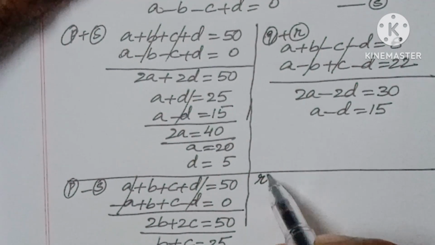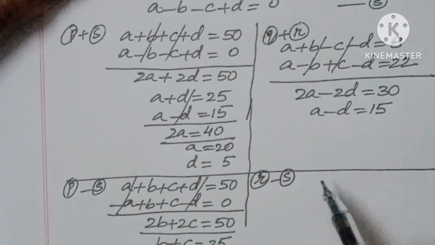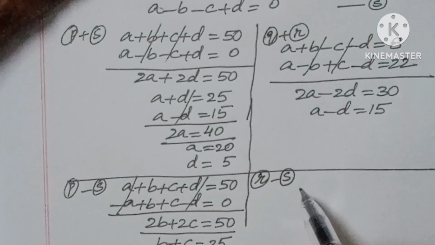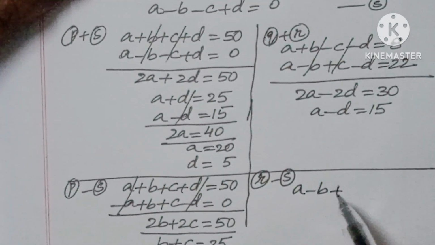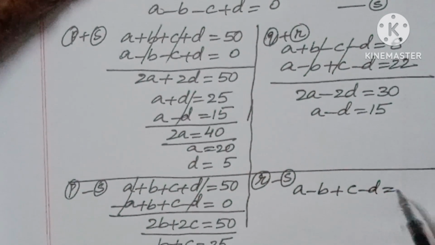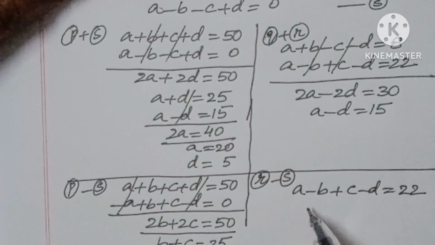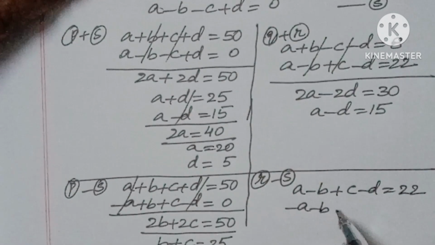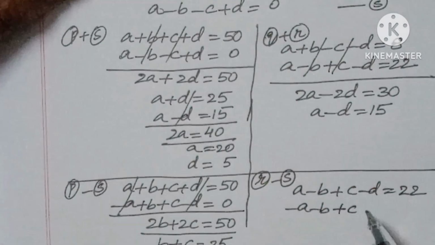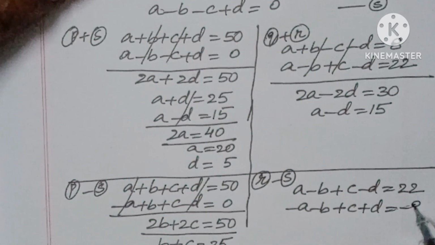Now here R minus S. R is a minus b plus c minus d is equal to 22. R minus S, minus a minus b plus c plus d is equal to minus 8.